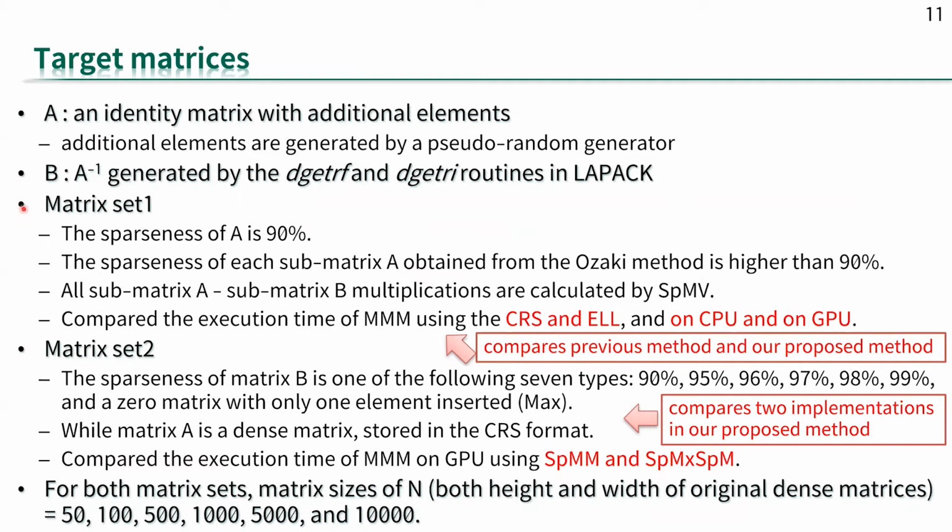And we used two matrix sets. In matrix set 1, the sparseness of matrix A is 19%. The sparseness of each submatrix A obtained from the Ozaki method is higher than 19%.